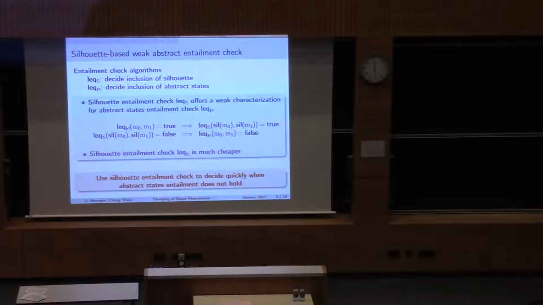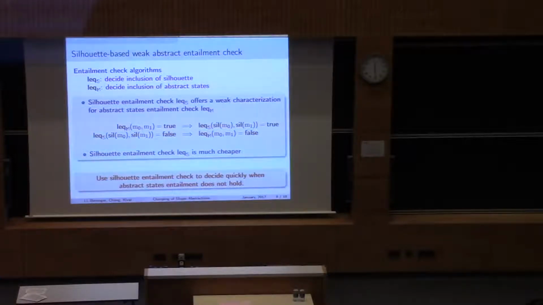We found that the silhouette entailment check offers a weak characterization for abstract state entailment check. Formally, it means that if the entailment check holds on abstract states, it also holds on the silhouette of abstract states. On the other hand, it means if the entailment check does not hold on the silhouette of abstract states, then we can conclude it does not hold on the abstract states.